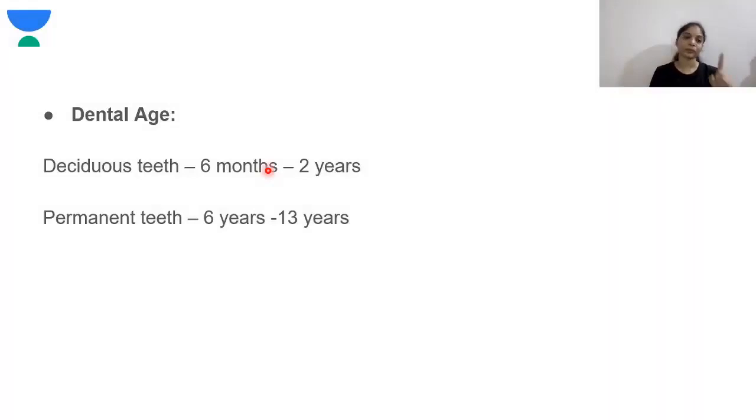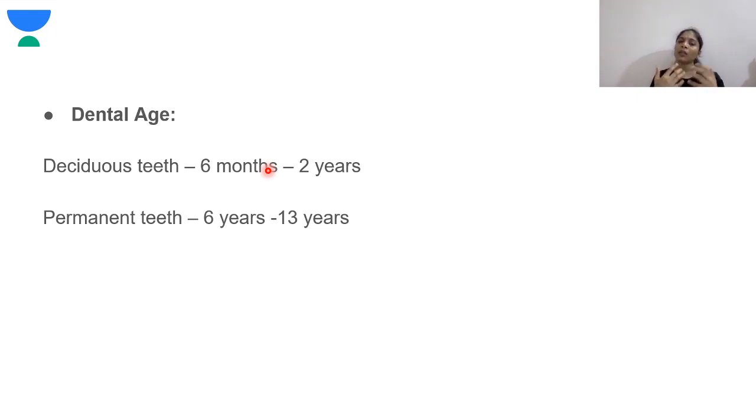Dental age. Deciduous teeth, that is the milk teeth, first develop between 6 months to 2 years, and permanent teeth erupt from 6 years to 13 years. The importance of this is that sometimes there is delayed eruption of teeth, which helps us find certain conditions like hypothyroidism, rickets, and so on.